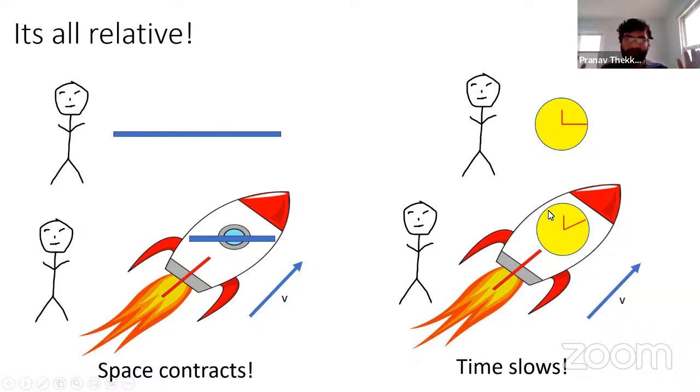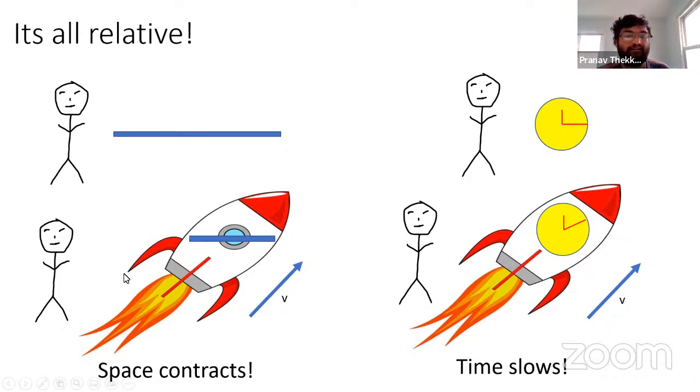Now it turns out, if there's a person who is observing the rocket, and if you see what the length of the rod is, for the person outside, the length of the rod is, let's say, 10 meters or something.